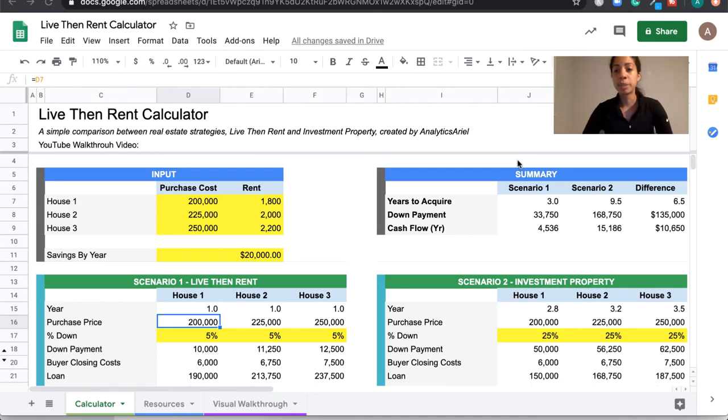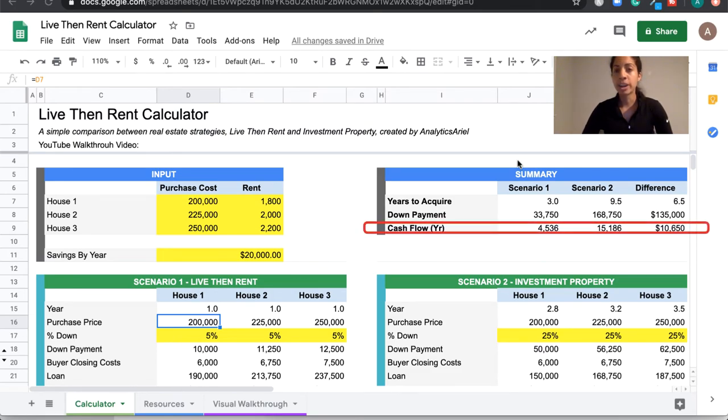Now, if you look at the down payment, it's pretty drastic. The down payment is $33,750 across those 3 properties, whereas for scenario number 2, it's $168,750. That's a $135,000 difference. That's not minor. That's a huge difference. And when we look at the cash flow, we talked about that trade-off.